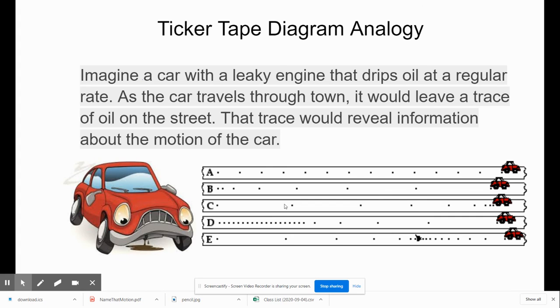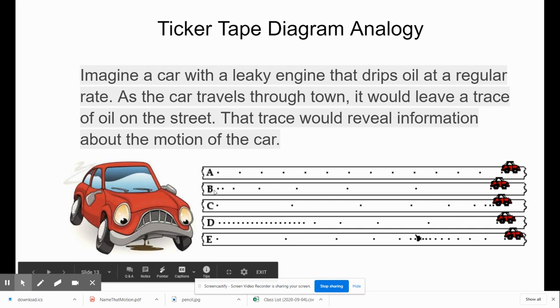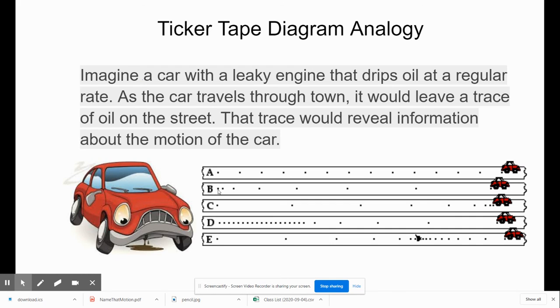Now remember, in your head, just picture that oil dripping. Well, right here, the car was going slower, so there was more opportunity for those little drips of oil to drip out. And now I notice the car must be speeding up. It's accelerating because I see there's more space between.